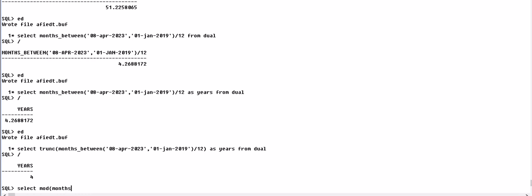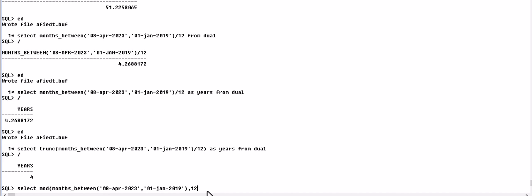So we will write MONTHS_BETWEEN and we will write these two dates. The MONTHS_BETWEEN function will calculate the number of months between these two dates, and then we will take MOD with 12. First I have to explain the importance of MOD here.